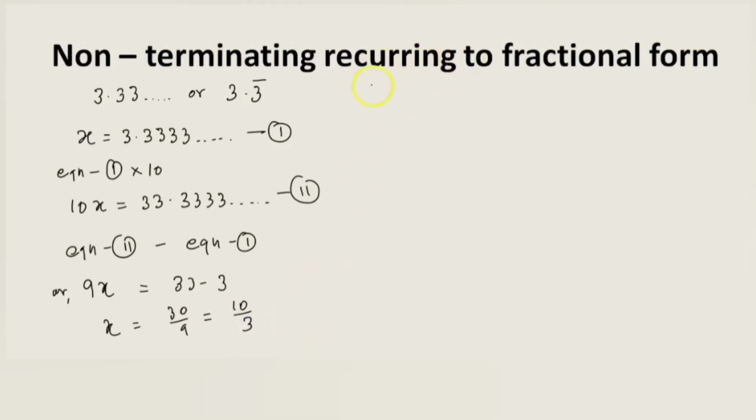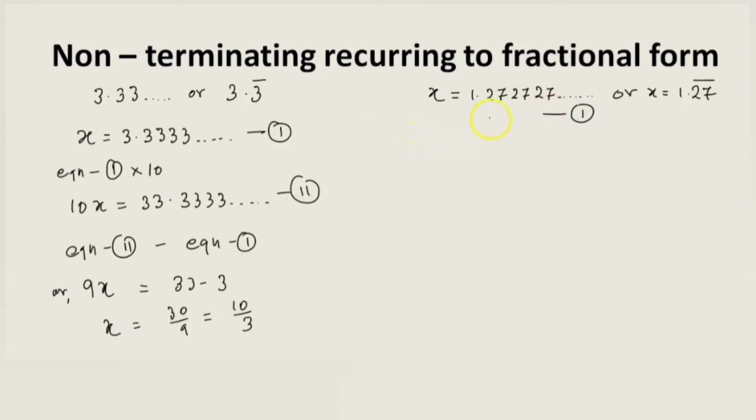Let's take another example. Let x equal 1.272727 and so on, or you can write it as x equals 1.27 bar. Now, as I have considered this as equation 1, I will multiply equation 1 by 100.